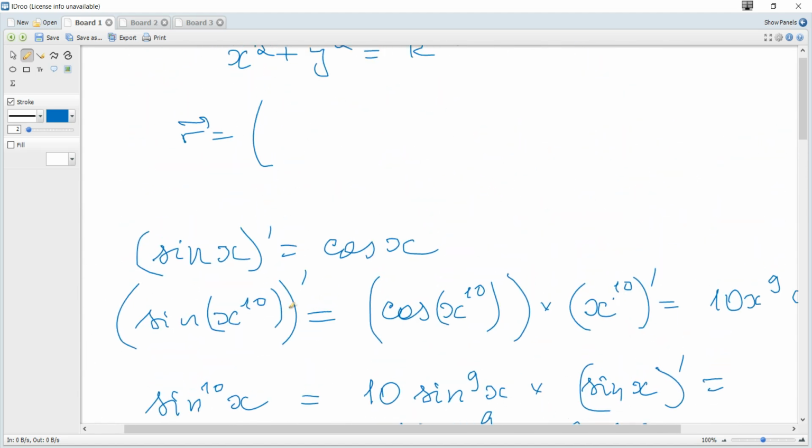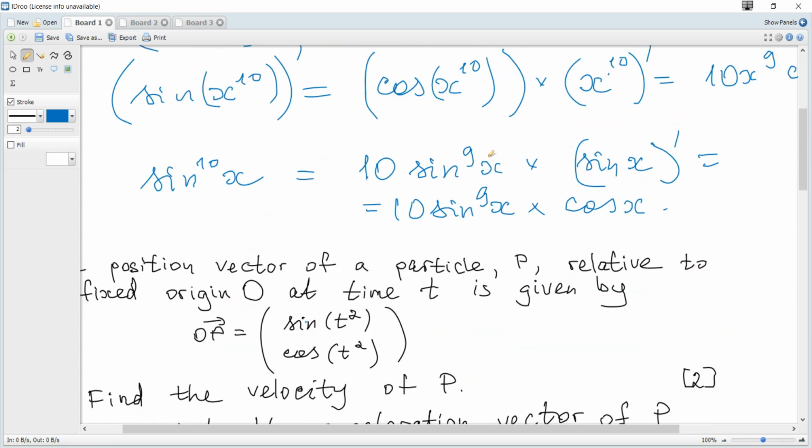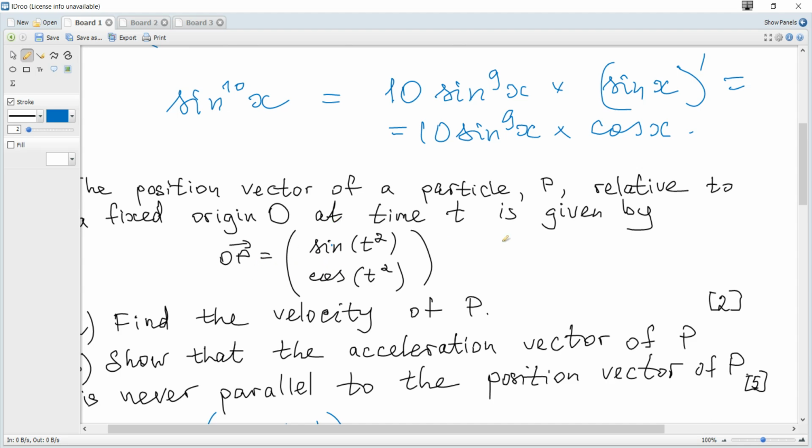If we consider x squared plus y squared, it becomes sine squared of t squared plus cosine squared of t squared, which is given in the data booklet as the main trigonometric identity: sine squared of some angle plus cosine squared of the same angle is equal to 1. Hence x squared plus y squared is equal to 1, and this particle is moving in a circle.